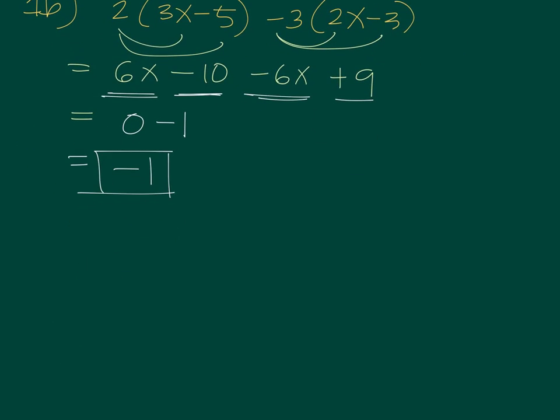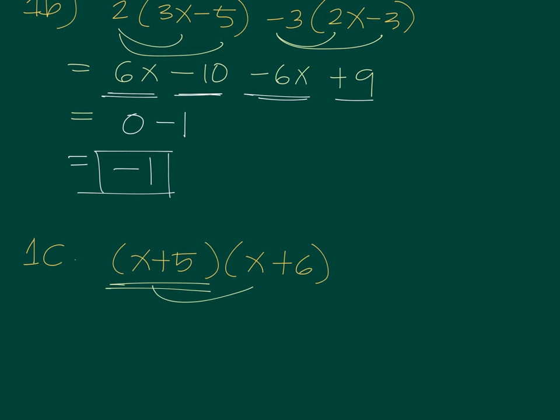Letter C. In 1c, you have x plus 5 times x plus 6. There are many ways to simplify, so let me show you the use of the distributive law, and that is to take x plus 5 and multiply it to x and then to 6.